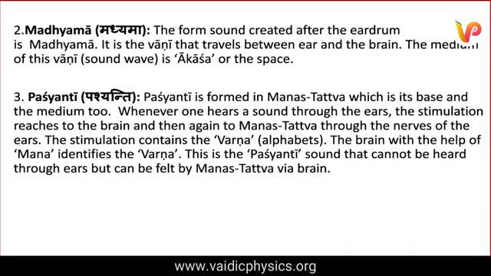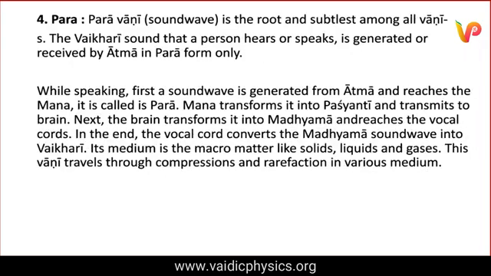It travels in the air and reaches your ear, then converts into an electrical signal from your ear to your brain, then in Pashyanti form as the alphabetical hello Sandeep, and then in the Para form it reaches your Atma, and your Atma understands what it really means. So it understands the feeling and the meaning of that sound.